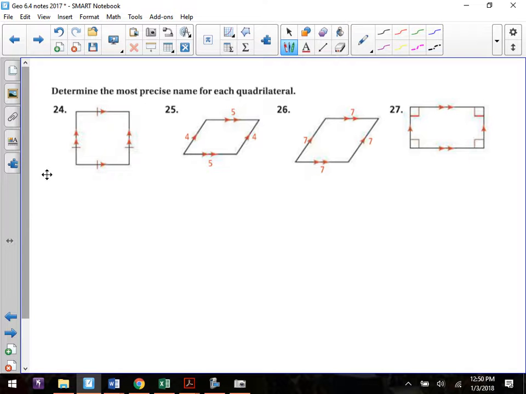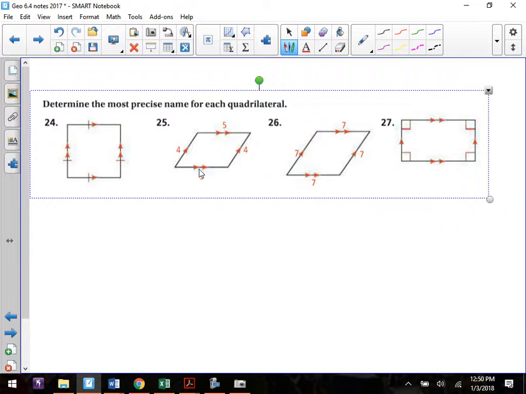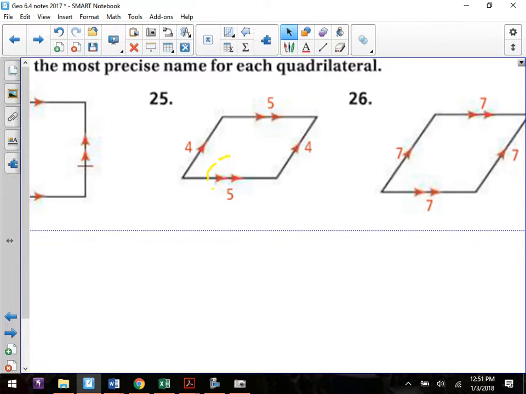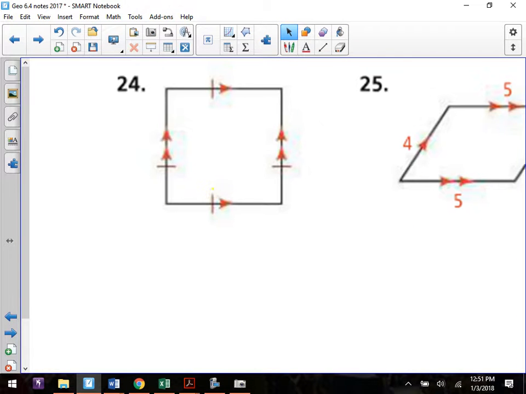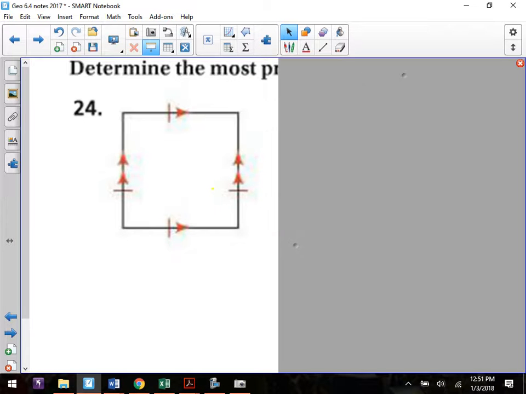if I'm just looking at this one, what does that have to be? What's the most specific name for that? Wrong. No, it's a rectangle. Wrong. What? Rhombus. It's not a rhombus. It's a rhombus.